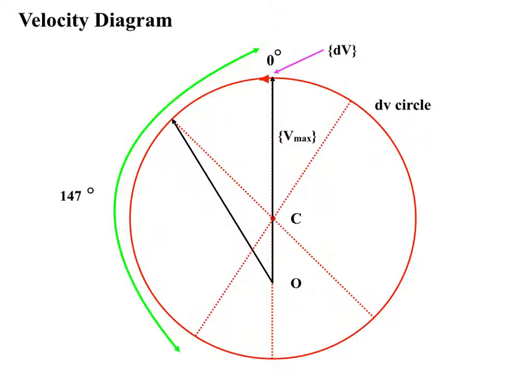And you can play around with the velocity vector factory, that is the dv circle in the velocity diagram, and manufacture as many velocity vectors as you want. For example, you could find the vector for an azimuth of 147 degrees. And here it is.